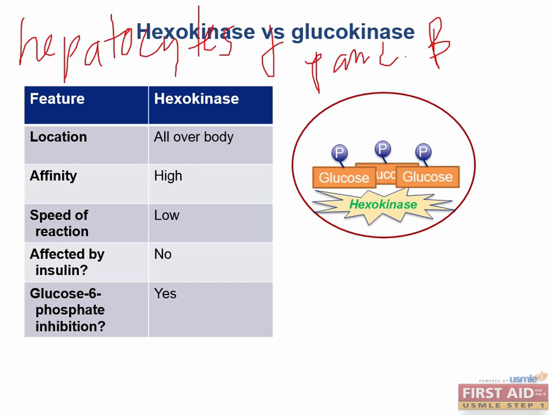Hexokinase is not affected by insulin, but does receive negative feedback from high amounts of glucose 6-phosphate. So basically, when the cell has low glucose 6-phosphate, hexokinase will catalyze any glucose available to glucose 6-phosphate at a low rate. However, if there's a large amount of glucose in the blood, such as after a meal, hexokinase won't be able to keep up since it has low capacity.